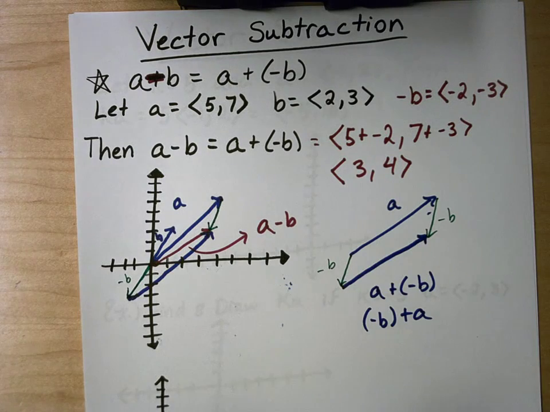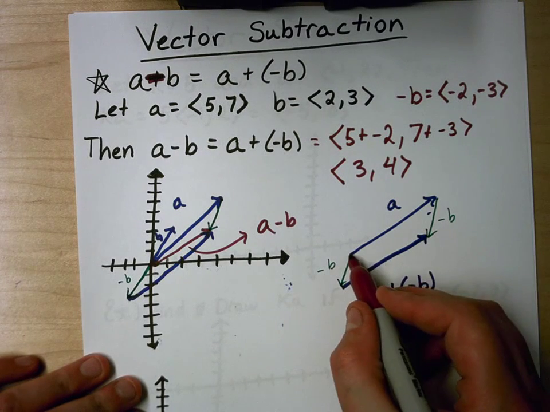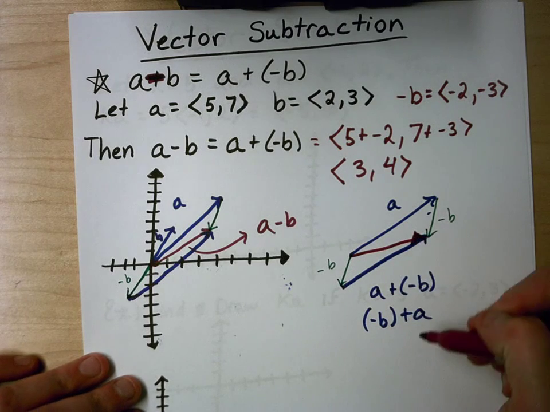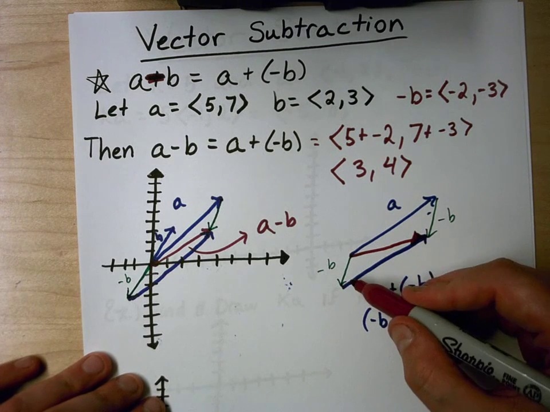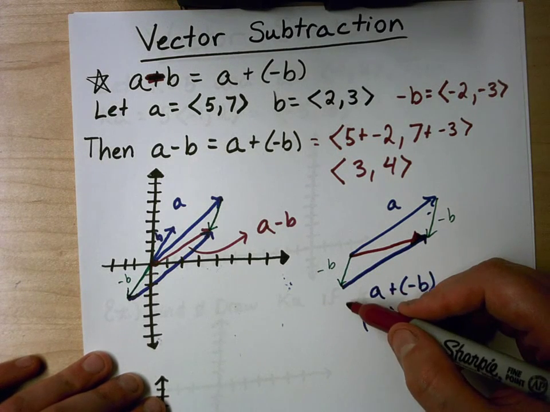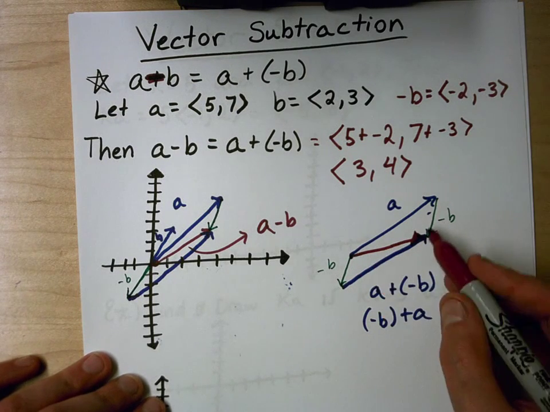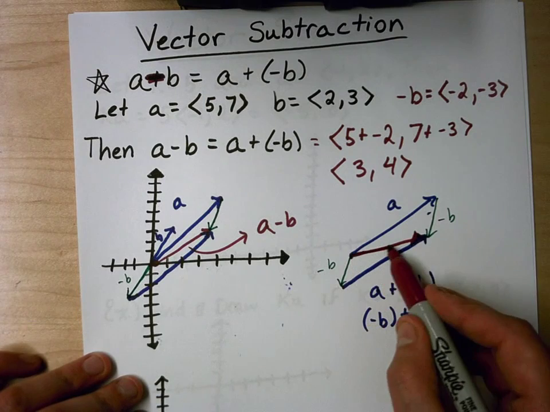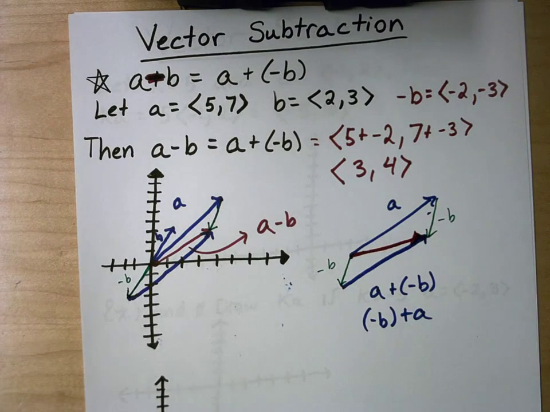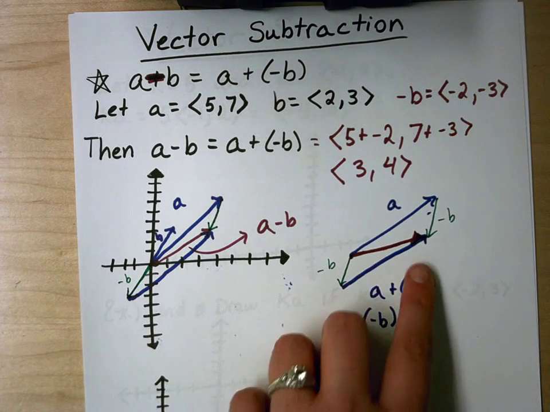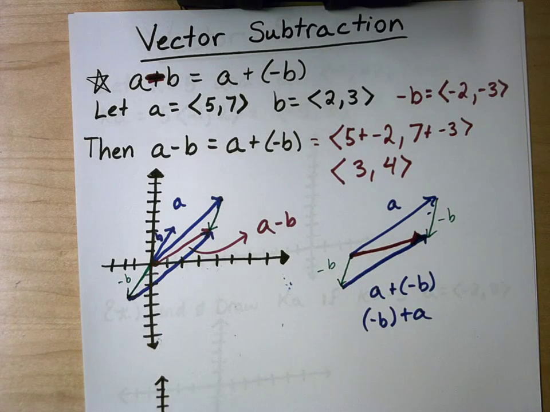That vector is going to look just like this. Notice if I had gone from the tail of B to the head of A, it's the exact same vector, so they do not change. Numerically is a little bit easier, but we're going to move on a little later and show why it is such a valuable tool to be able to draw these and see what they look like.